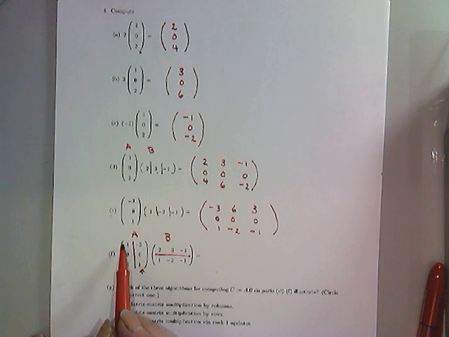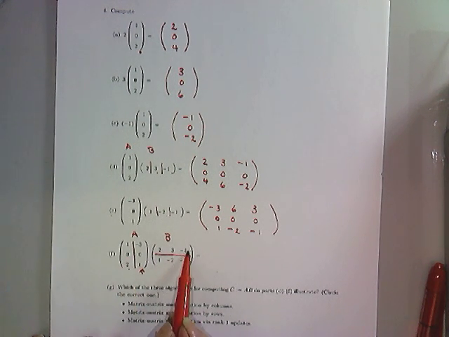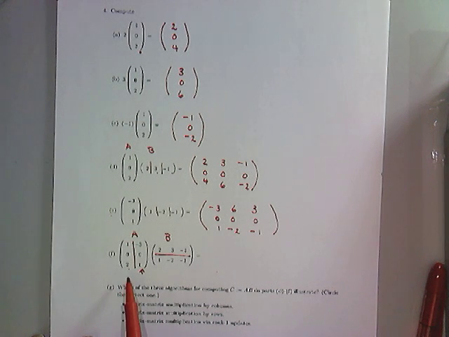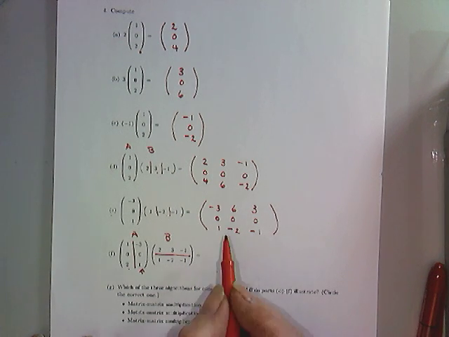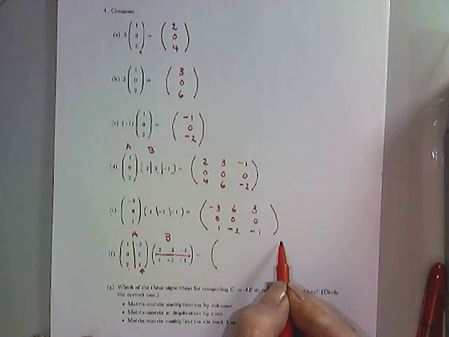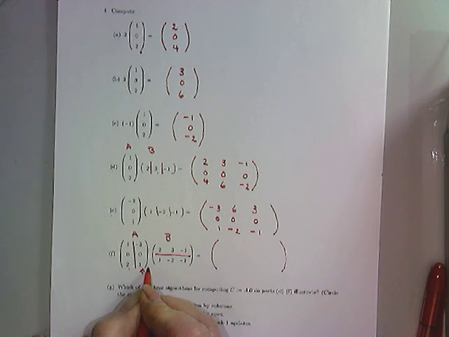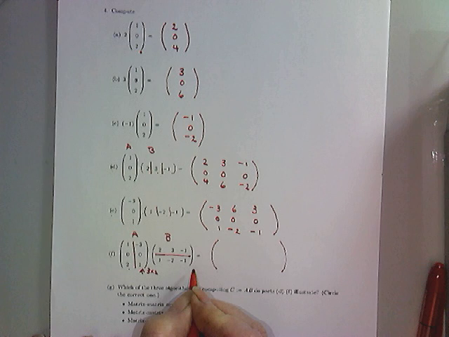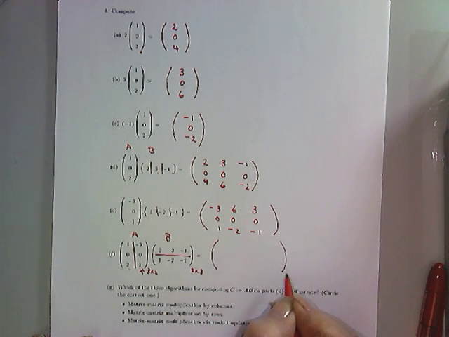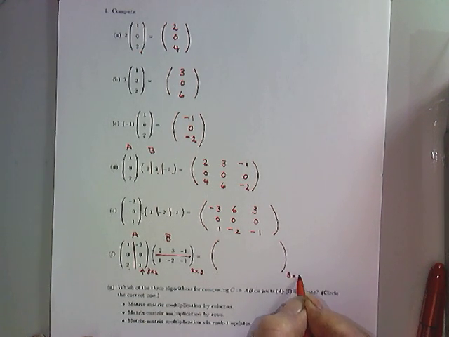And so we could take the outer product of this first column with the first row in B and update by adding the outer product of the second column of A with the second row of B. And so the resulting matrix is going to be a square matrix, which is a 3 by 3, and that makes sense because this is a 3 by 2, this is a 2 by 3, and the resulting matrix is going to be a 3 by 3.